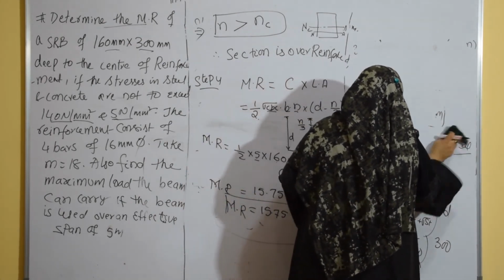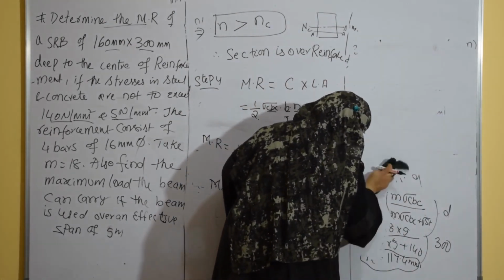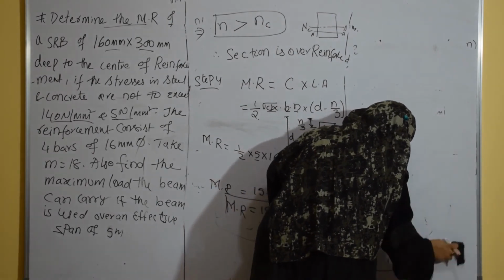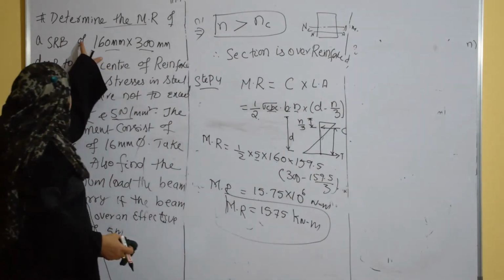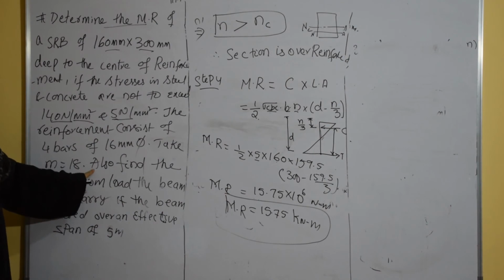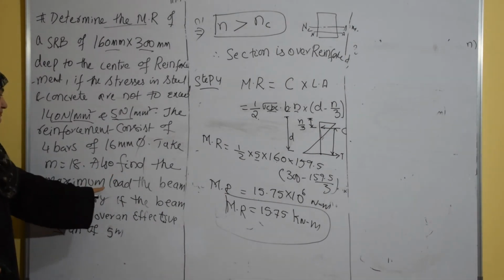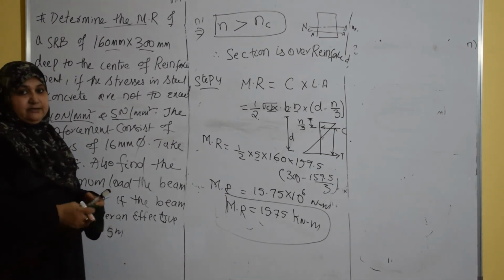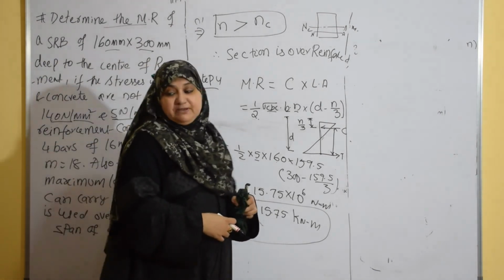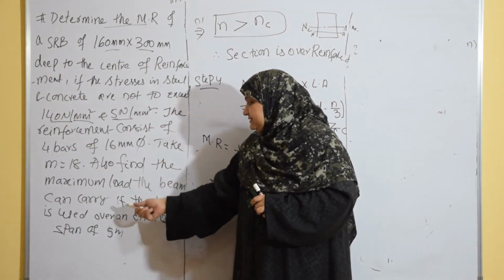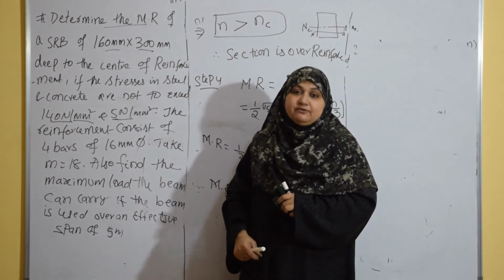Coming to the last part of the problem, as I said, the problem has two parts. The first part was to determine the moment of resistance. In the last part, he has also asked to find the maximum load the beam can carry if the beam is used over an effective span of 5 meters.